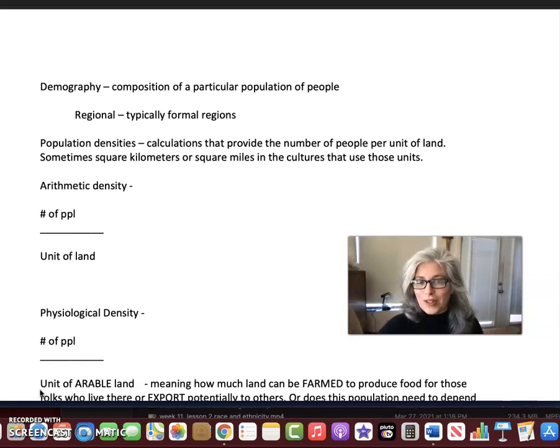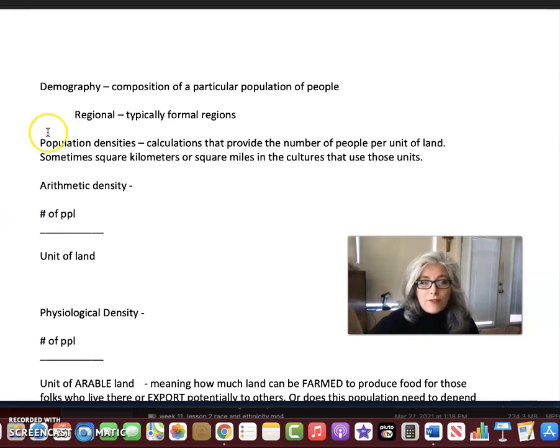Okay, so in Chapter 2, and for a lot of the rest of the semester, we're going to be talking about elements of demography. In the word demography, it essentially is talking about the makeup, the composition of a particular population.